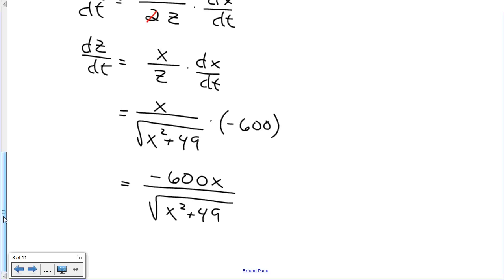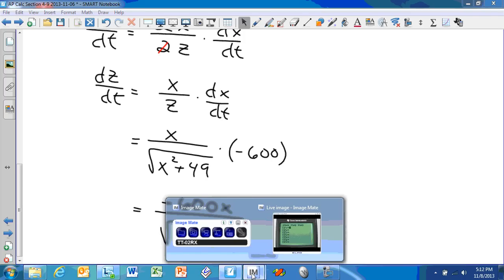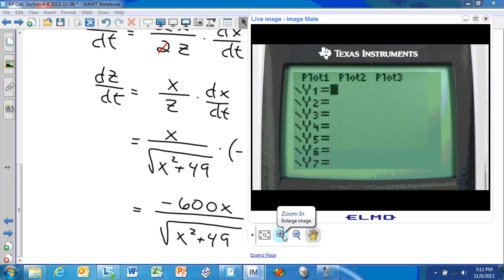Part B of this says to plot dz dt as a function of x. So let's jump back over to our calculator and bring that up. And in y1, let's go ahead and put in the equation we came up with for dz dt.